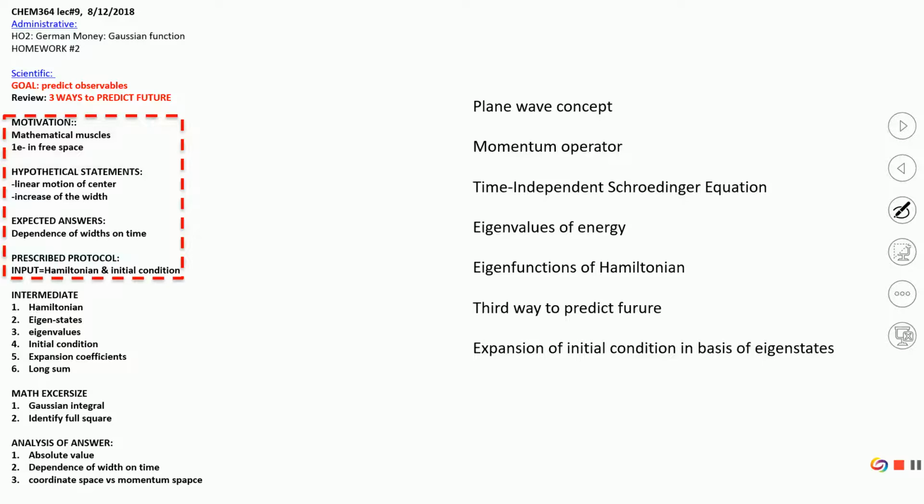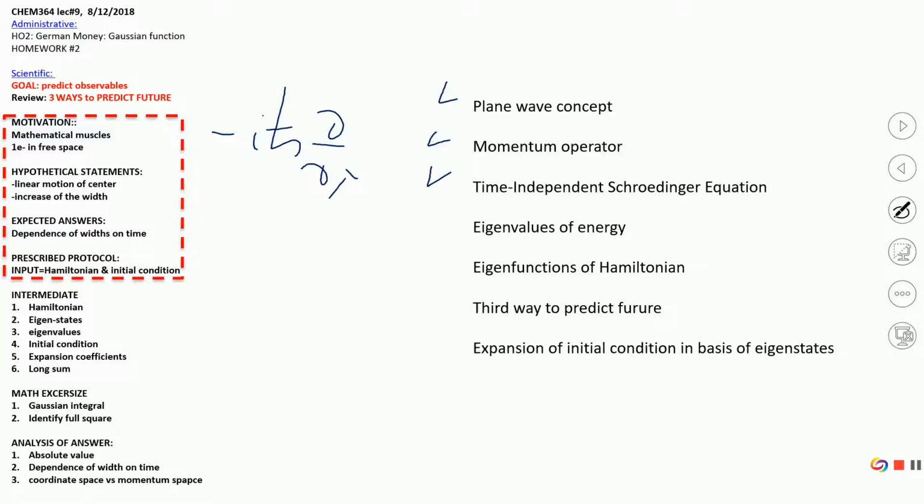In order to prove these hypotheses right or wrong, we need several checkpoints, and we already got some of them. The plane wave, so it's just an exponential. The momentum operator, minus i h bar d/dx.